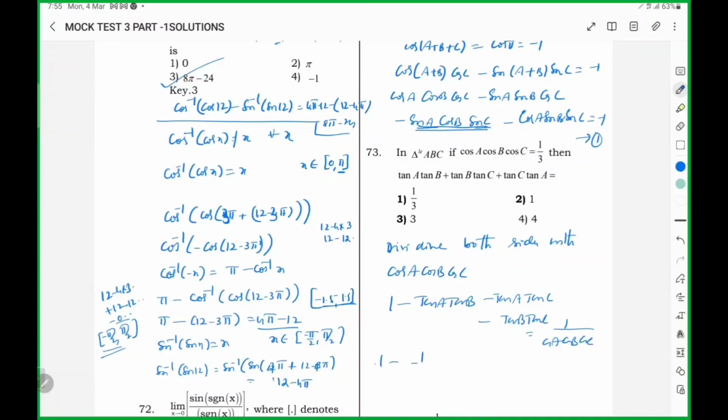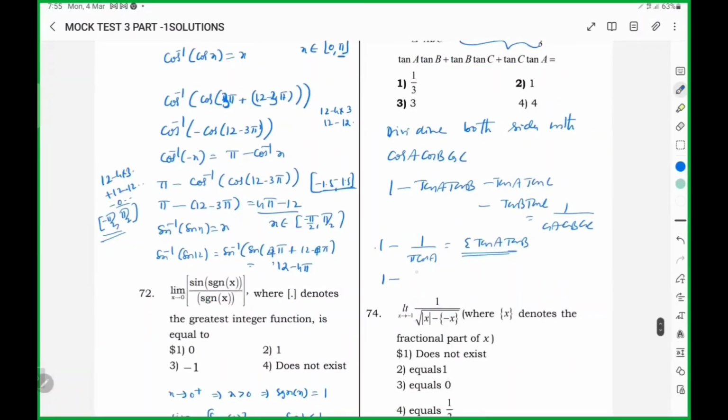So 1 minus product of cos a is sigma tan a tan b. We are given product of cos a value as 1 by 3.